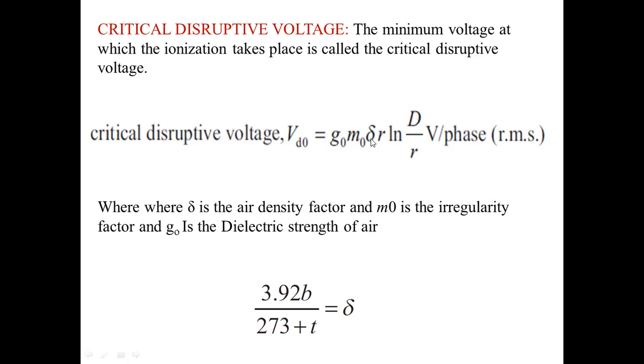So if m naught is less, Vd naught will be less, and Vd naught being less means the minimum voltage is less, so the corona will occur quickly.